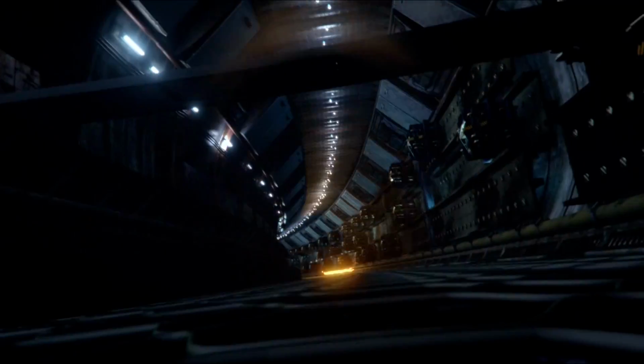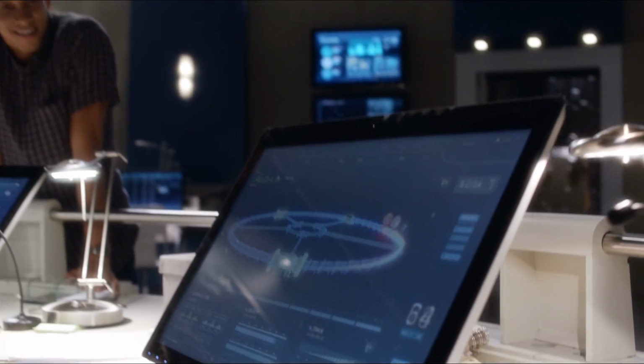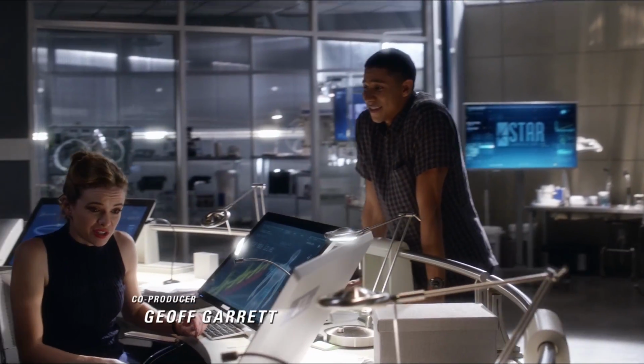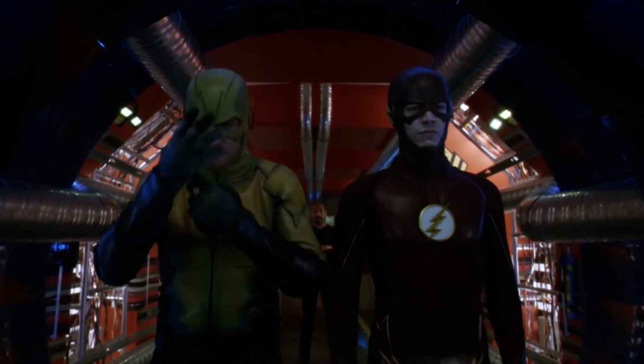Speedster style. Damn, Jesse's almost as fast as Barry. Velocity's just under Mach 3, heart rate 100 BPMs, her vitals are normal.